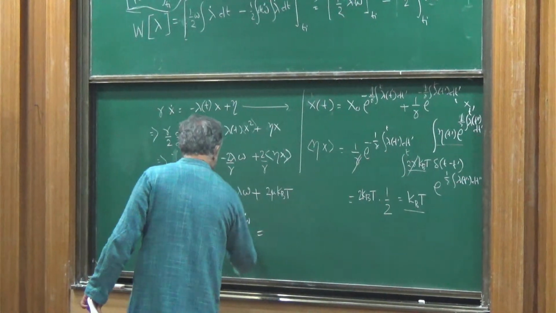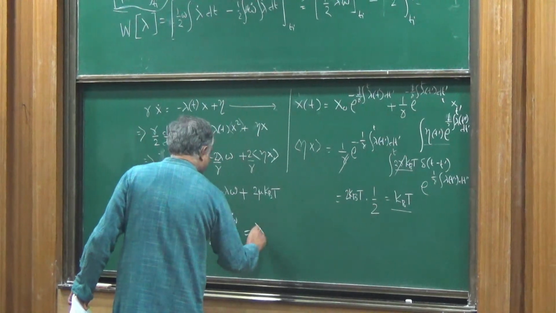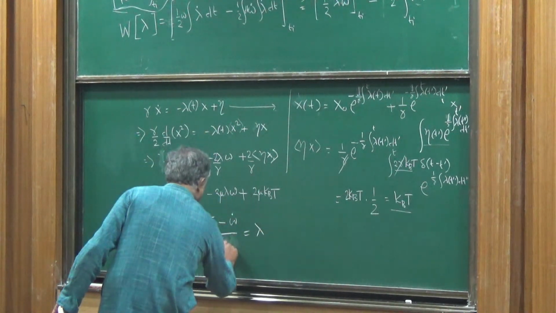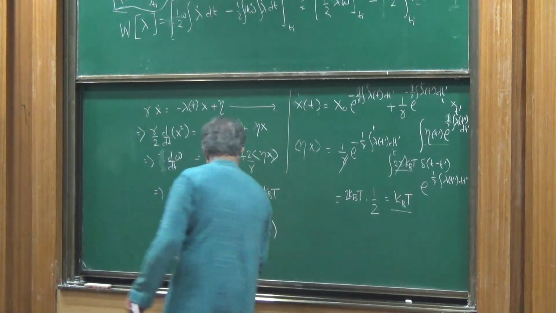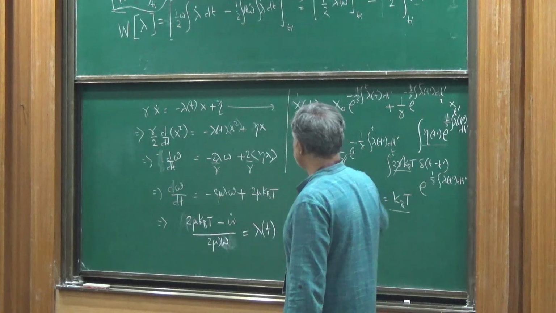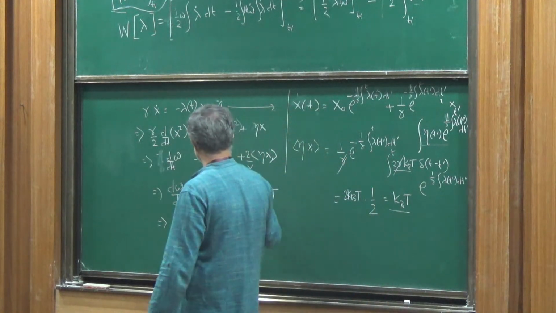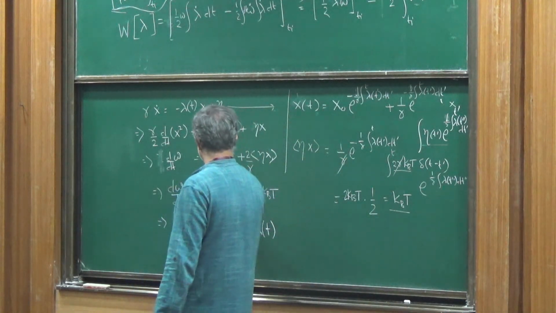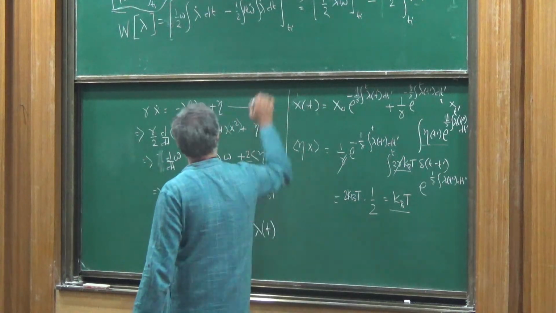Oh no, sorry, this is my lambda, from this equation. So I change it like 2 mu kBT minus omega dot, then 2 mu omega is my lambda, which I am going to do.